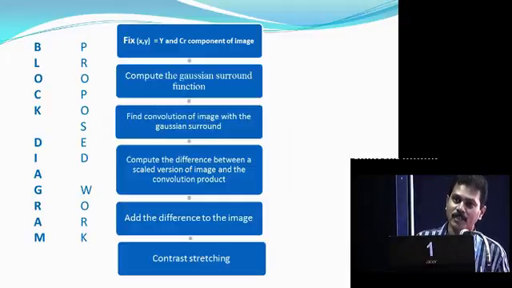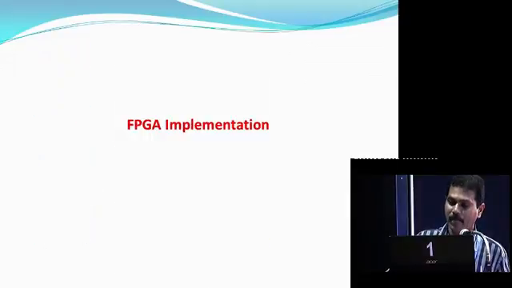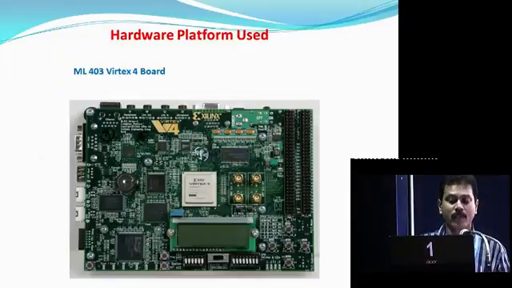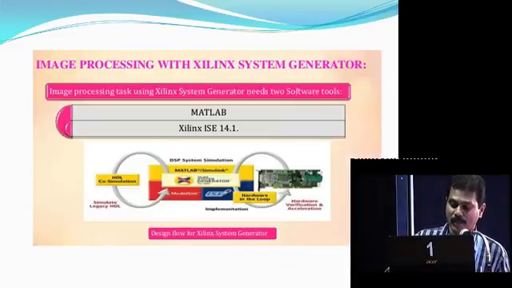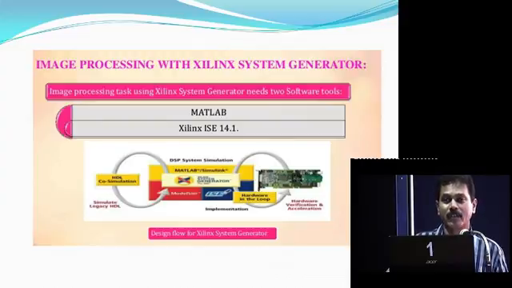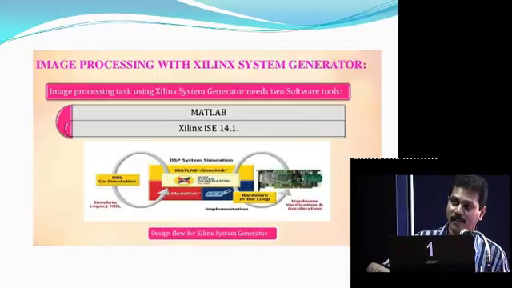Then the same thing is implemented in FPGA. The platform is Virtex, and the Xilinx System Generator is being used. Hardware co-simulation is possible. The image can be stored inside the computer, and once the image is there, it can be taken to the Virtex board through JTAG connectivity.